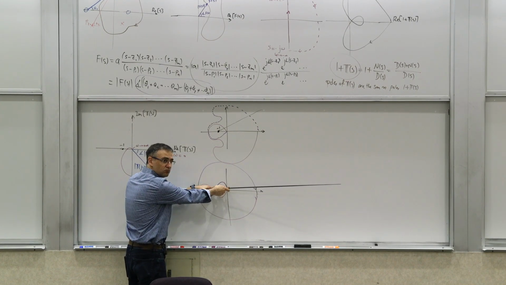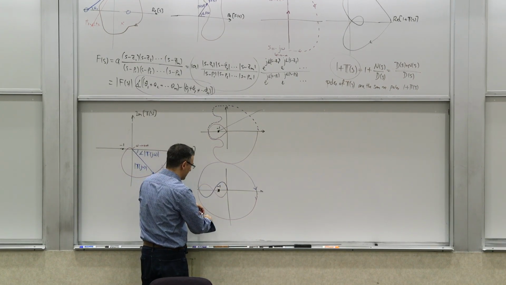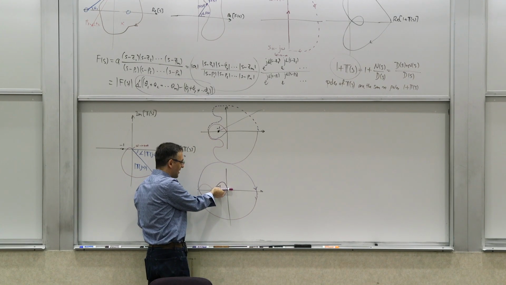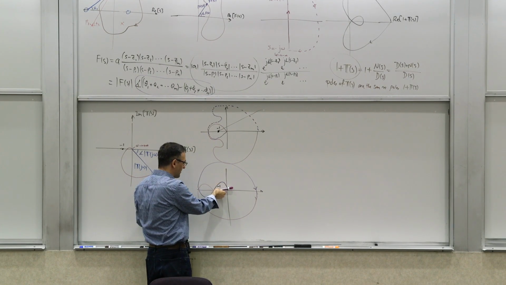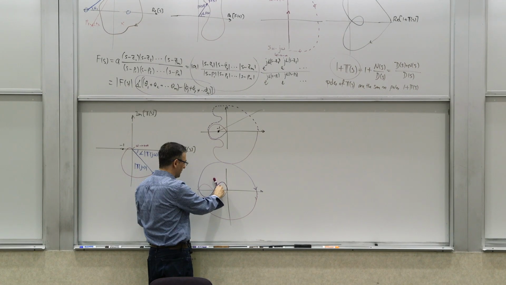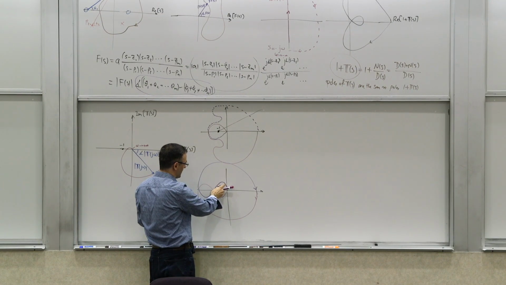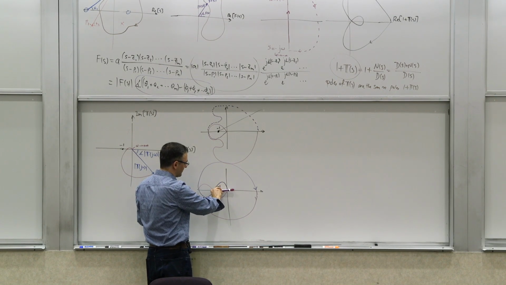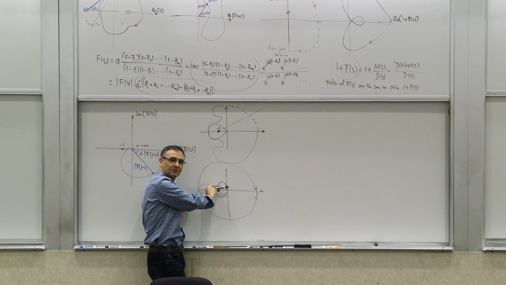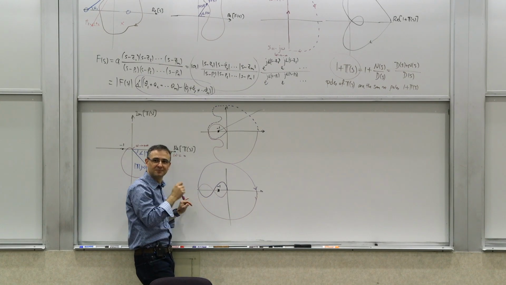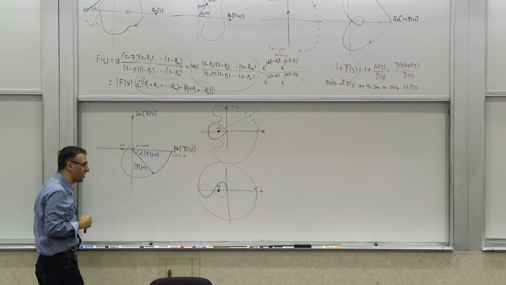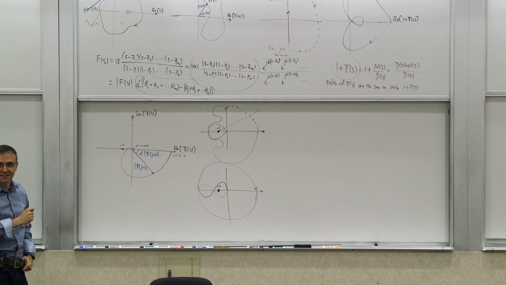I'm going through the negative infinity. Starting from negative infinity, going here, going down, coming back up, going down, coming back up. There. How many twists did we get total? 0, right? Net 0. So according to the Nyquist criterion, this is stable, because we didn't have full twists.